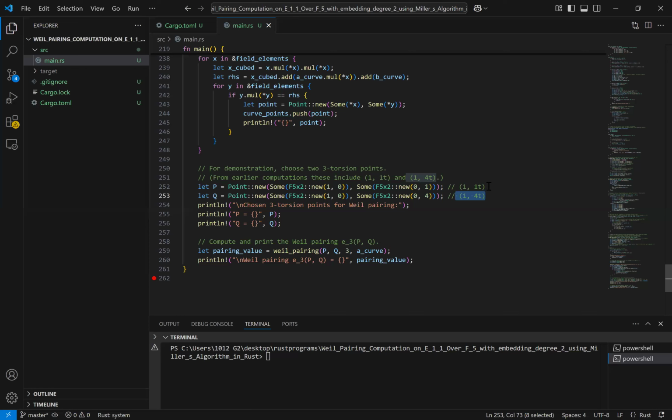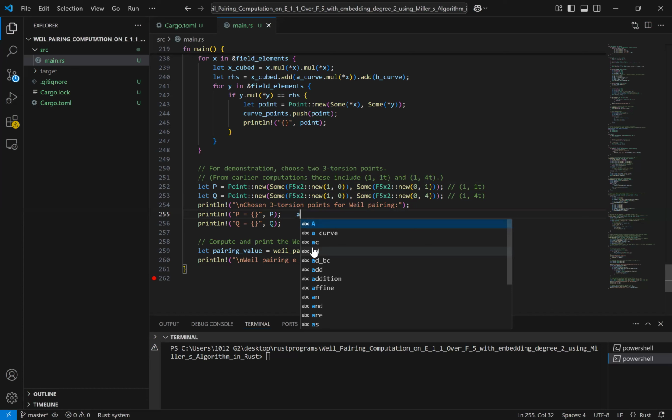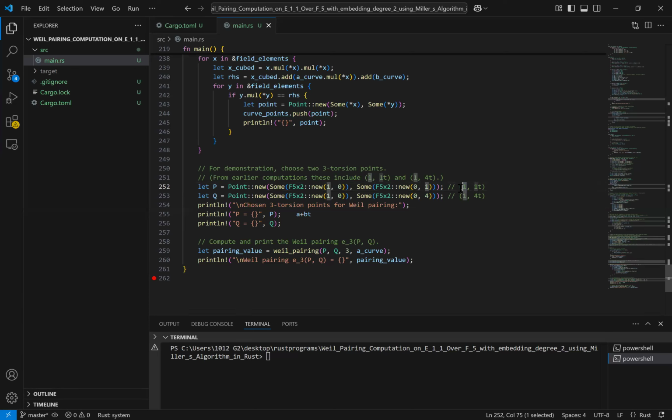You remember how we were doing this? A point on the extended field is supposed to be in the form A plus BT. So the X value is supposed to be A plus BT. This one is supposed to be 1 plus BT, but you can see B is 0.